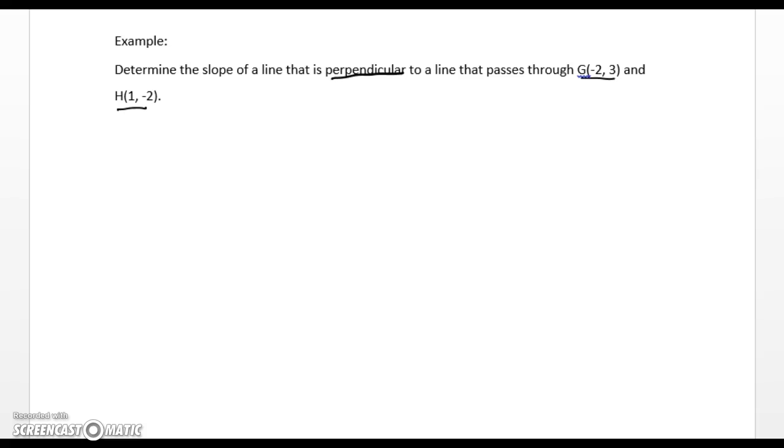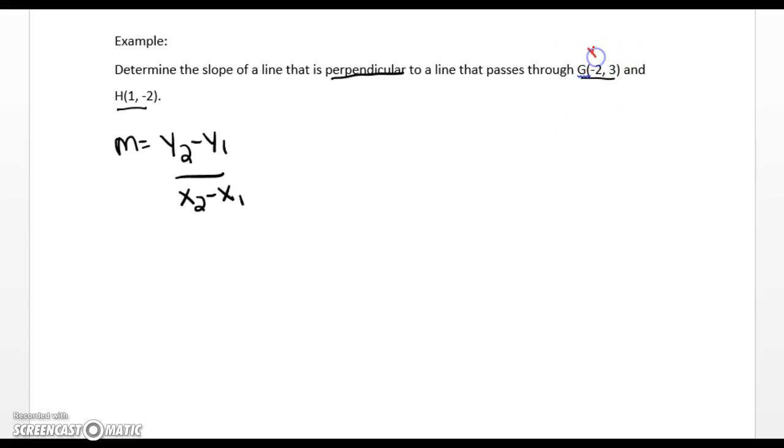When this is the only information we're given about the line, we have to figure out the slope of that line. To do that, we're going to use the rate of change equation, where m is equal to y2 minus y1 over x2 minus x1. I'm going to label our coordinates to make sure I get them into the equation properly so we don't have any errors.